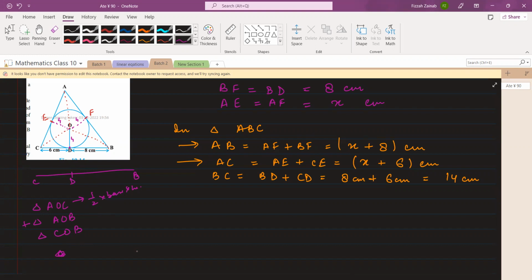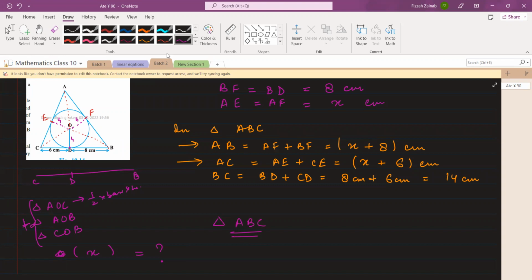If on the left hand side I'm getting something in x, then I need something on the right hand side also to equate it, to form an equation. So if I add all the 3, it becomes the area of the complete triangle ABC. So separately I can find the area of the triangle ABC and then equate it. That will give me an algebraic expression in x which I can solve to get the value of x. Understand? Yes.